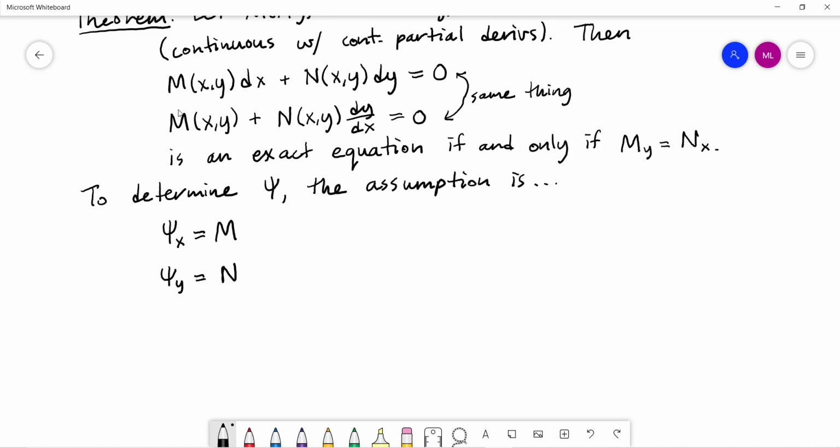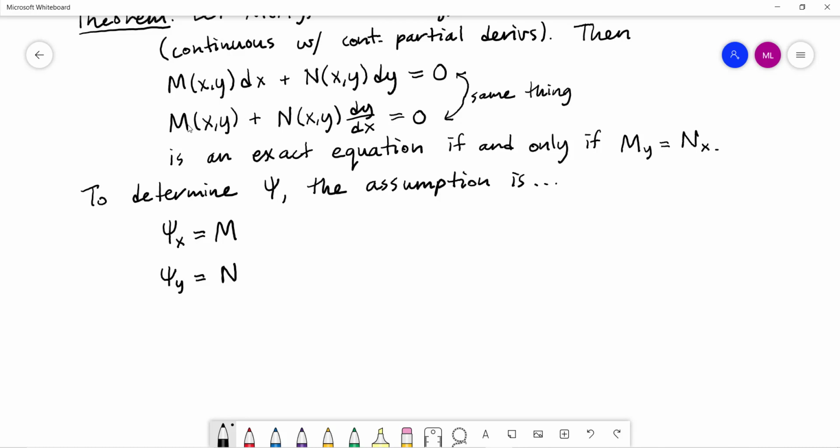So the assumption is some psi exists where this equation right here is the result of taking a full implicit derivative of psi. And when you look at that implicit derivative, this first piece is the derivative with respect to x, and the second piece is the derivative with respect to y of the original function psi.